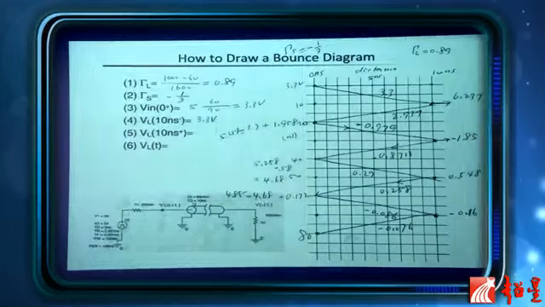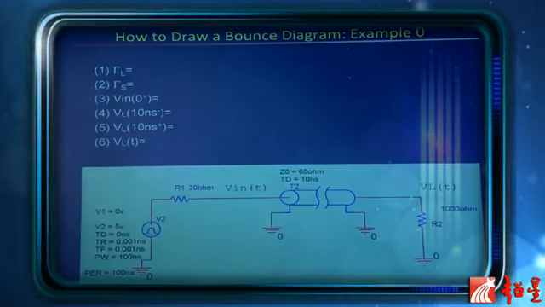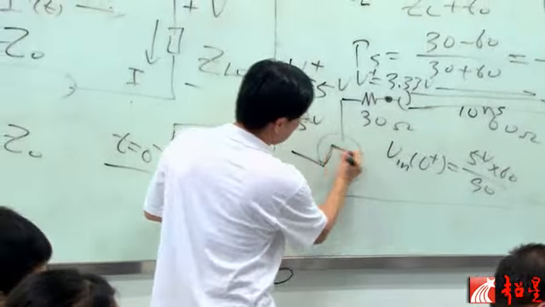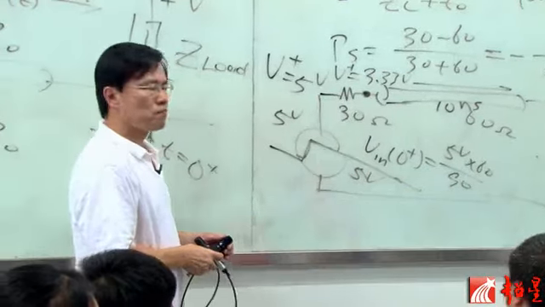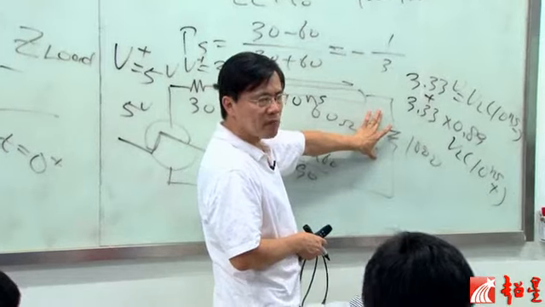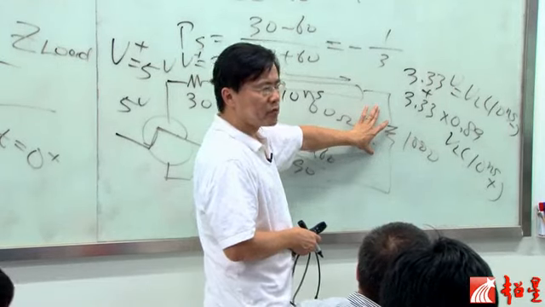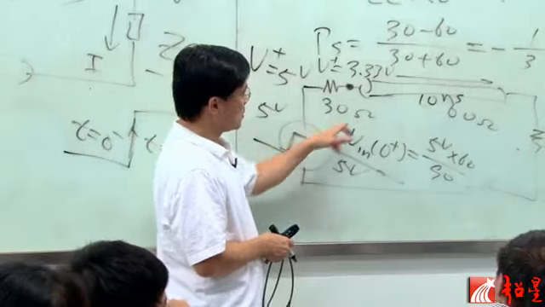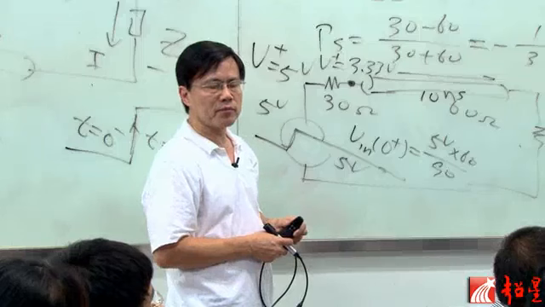Another thing that we want to see is what is the final voltage? This is a step function, right? It's a 5-volt step forever. What is the final voltage across this, when time goes to infinity? What is the voltage on the transmission line?